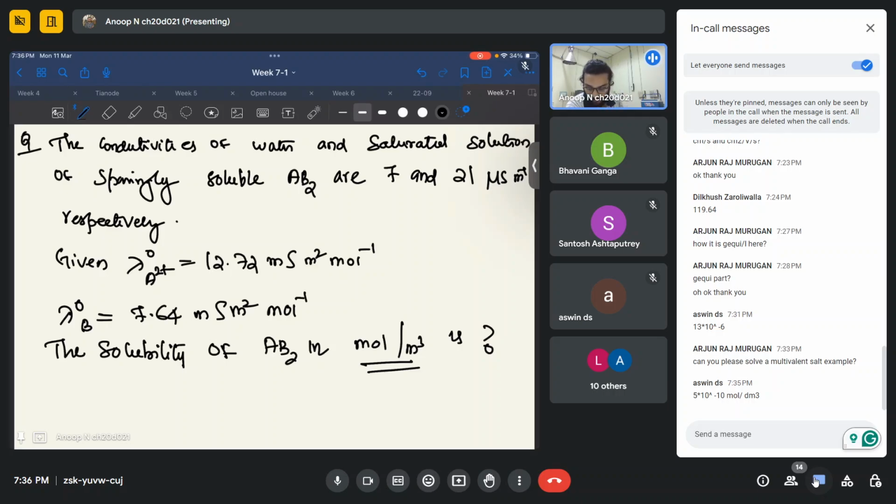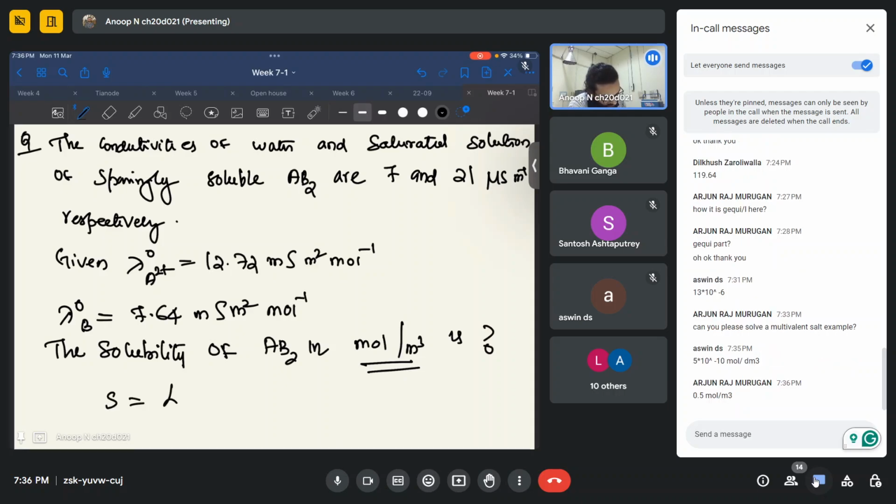So how can we solve it? We have S is equal to (L of AB2 minus L of H2O) divided by lambda 0 of AB2 into 1000. This is the formula.